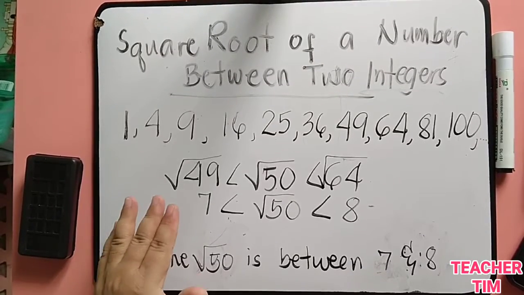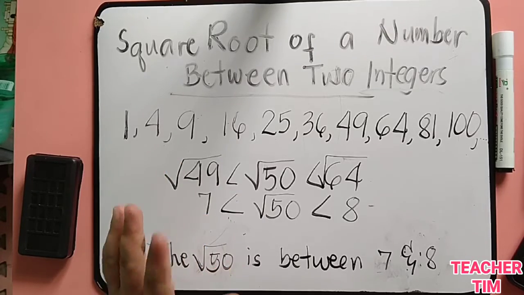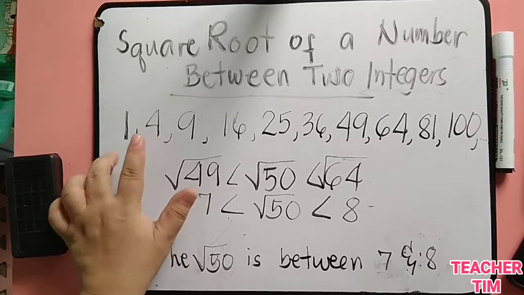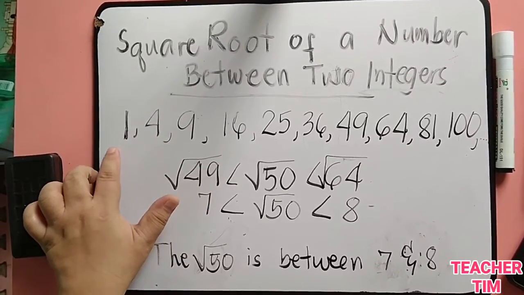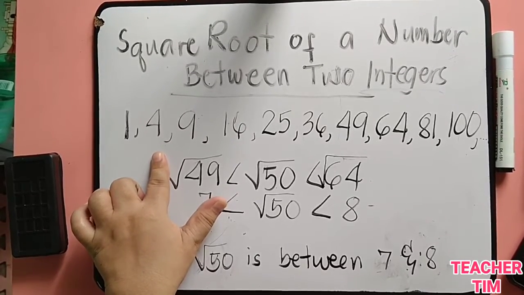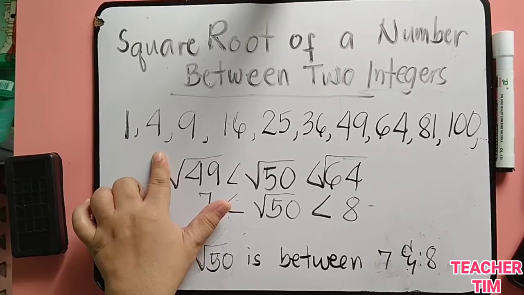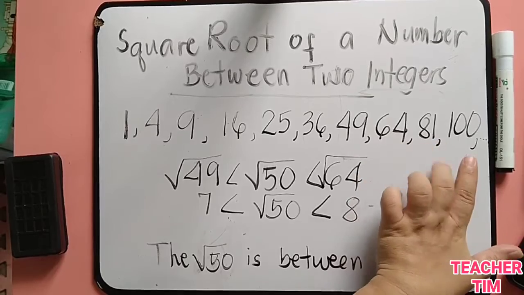If the given, for example, is the square root of 3, the radicand 3 is in between 1 and 4. So the square root of 3 is, of course, between 1 and 2. If the given is 85, then 85 is between 81 and 100.